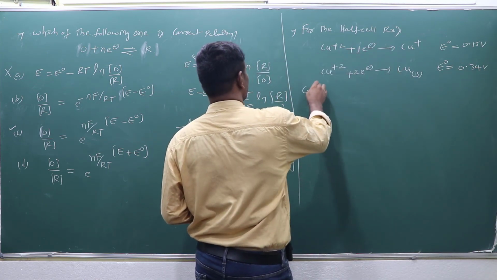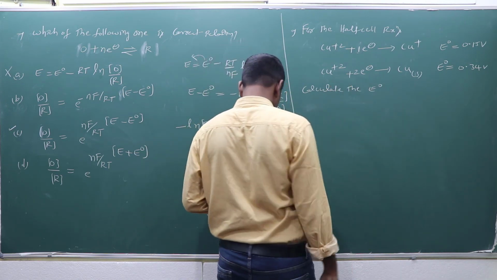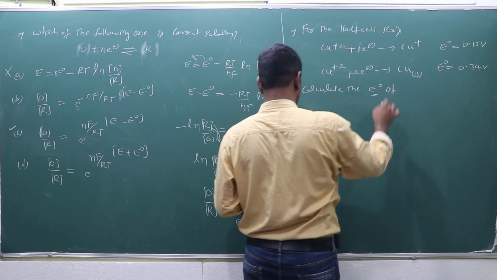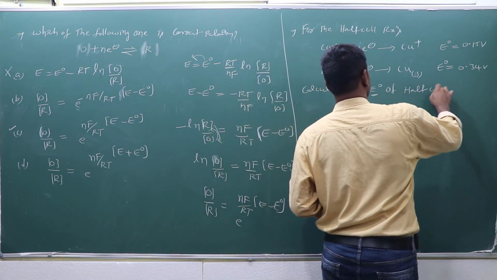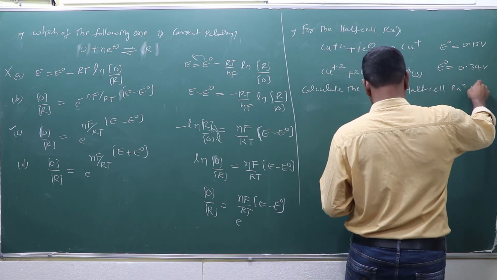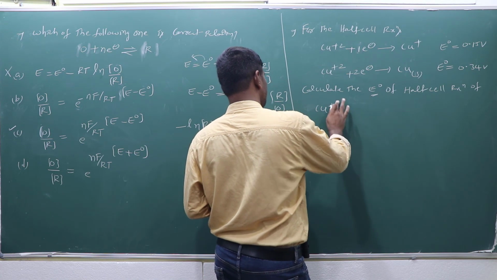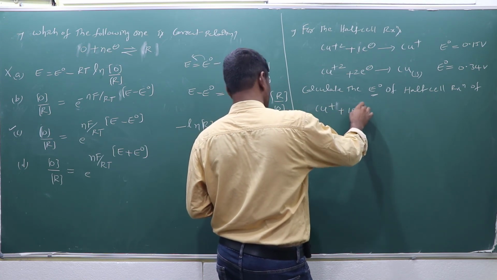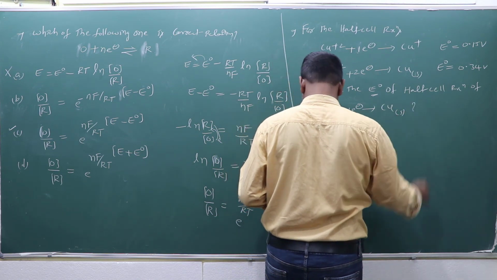Calculate the E0 of the half cell reaction Cu+ plus 1 electron goes to Cu solid.